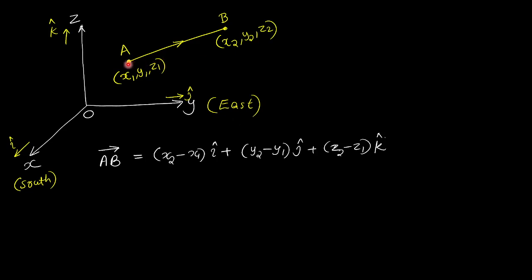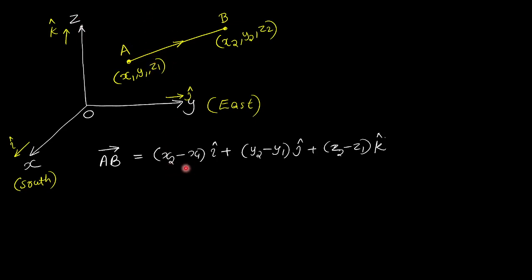If the helicopter in space moves from one location to another, will it cover some displacement along the south direction and some displacement along the east direction? Yes. It is moving in some direction in space, so it will cover some distance along south, some distance in the east direction, and some distance along the height, the z direction.